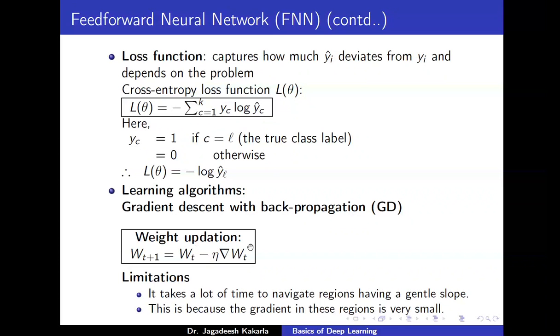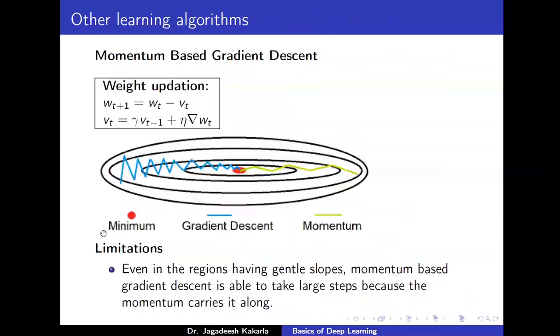Then this entire value will be small. Then W(t+1) is almost equal to W(t). If you are updating the values by very small amounts, then to reach the final weight you will take a lot of time. Okay, that is what I want to say here.